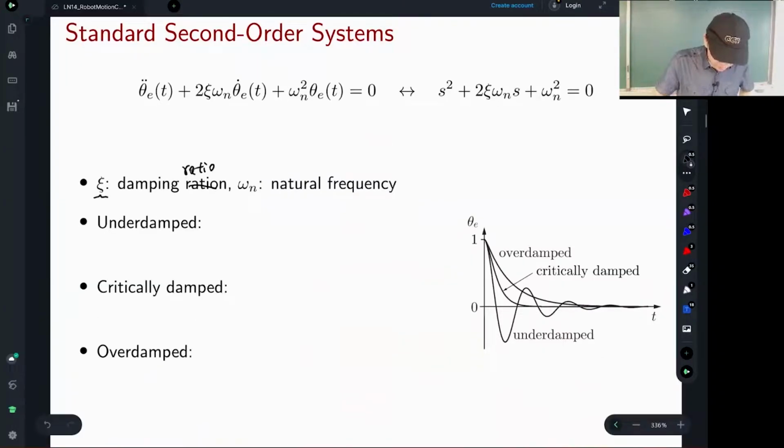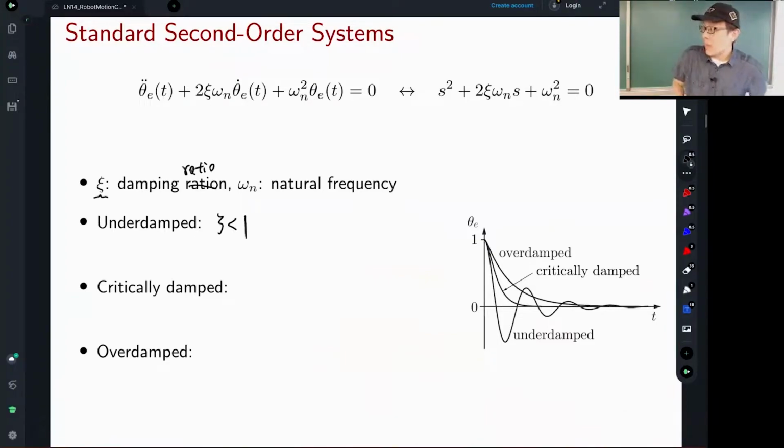There are a few cases. Just to review, zeta less than 1 is called underdamped.